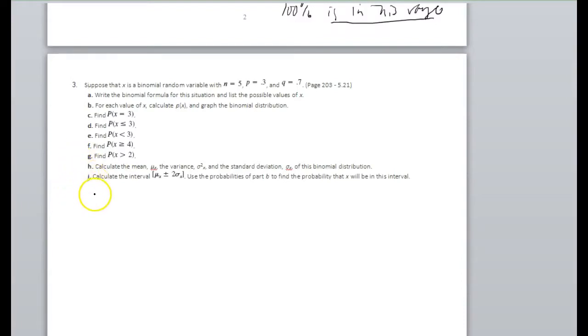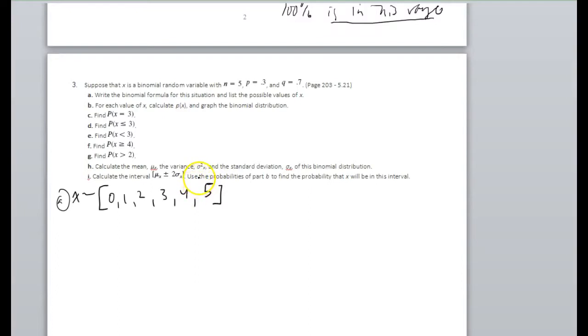Well, first of all, we know that the possible values of x are going to be 0, 1, 2, 3, 4, and 5. We know that just because n is equal to 5. Remember there are n trials, and x is going to be the number of successes.